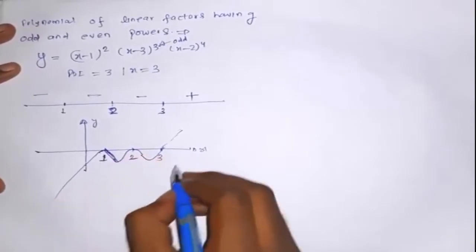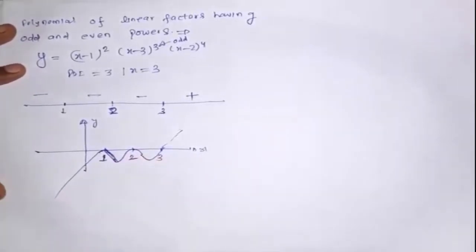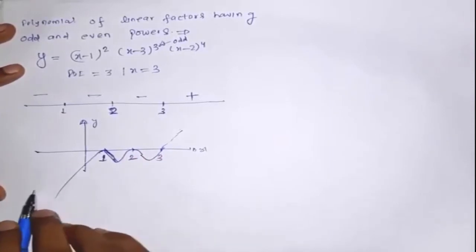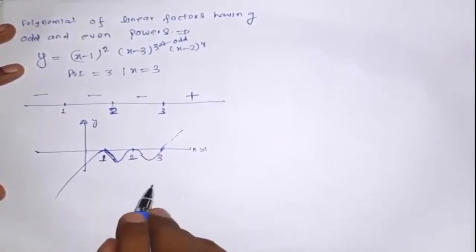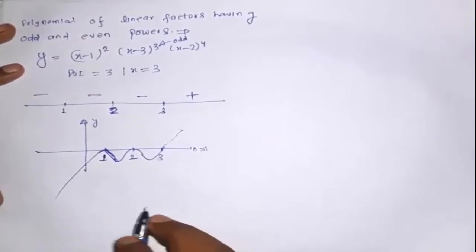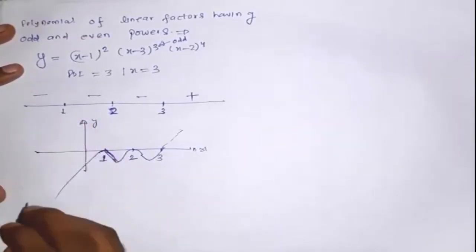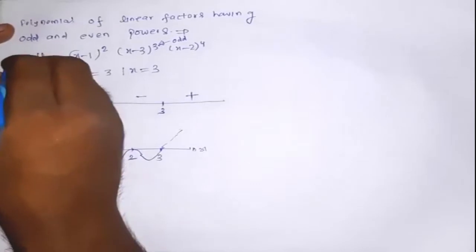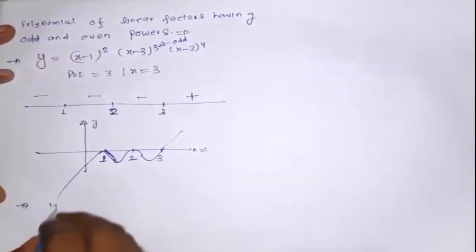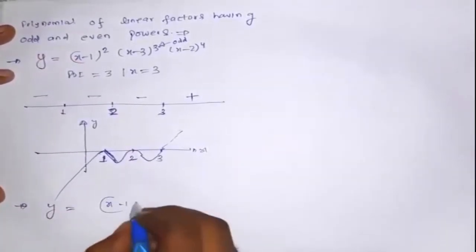Now again it will change its concavity, or shape, and here it will touch smoothly and go to infinity. So the range of this function is minus infinity to plus infinity, and the domain is also minus infinity to plus infinity.